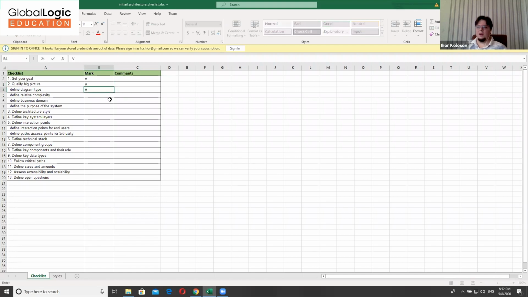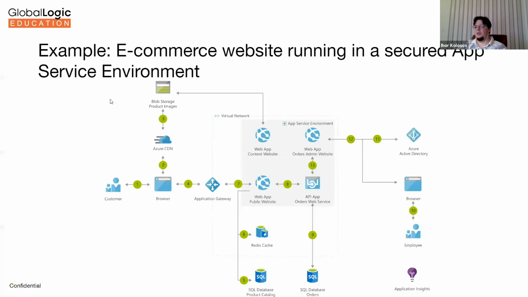Not here, but here. And let's assess relative complexity. As for me, this diagram looks like something simple, right? Previously, we observed a huge architecture diagram for Amazon microservices. It was like 1,000 times more complex.